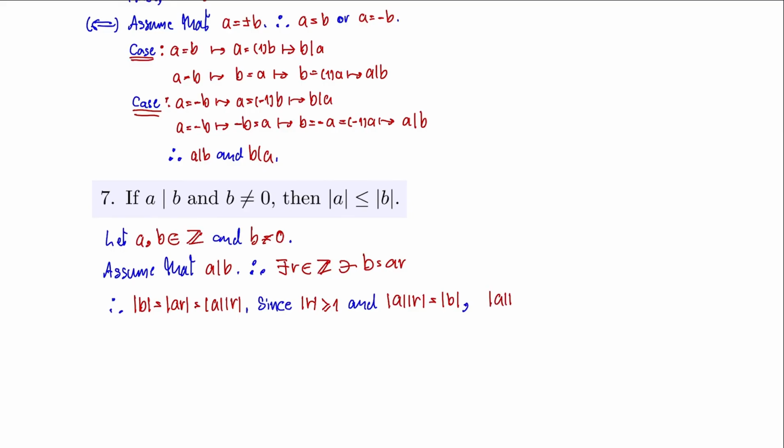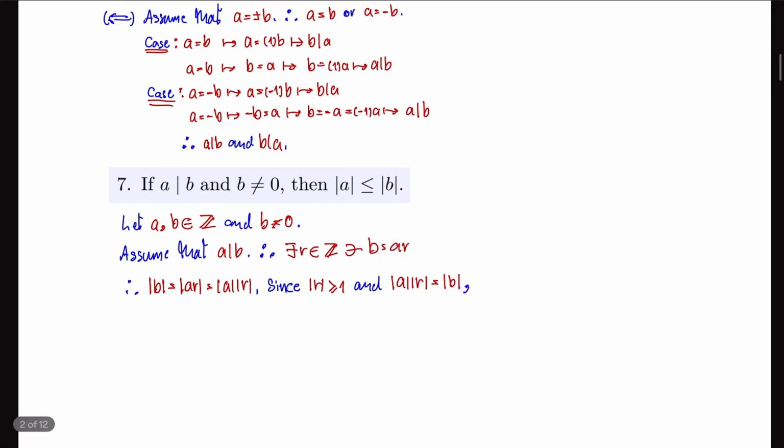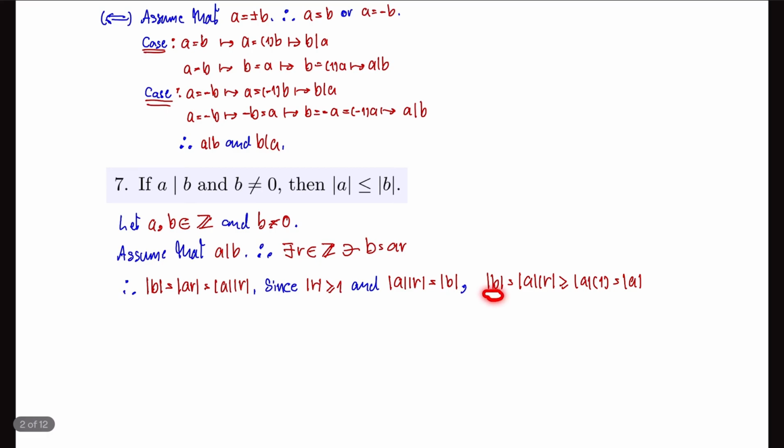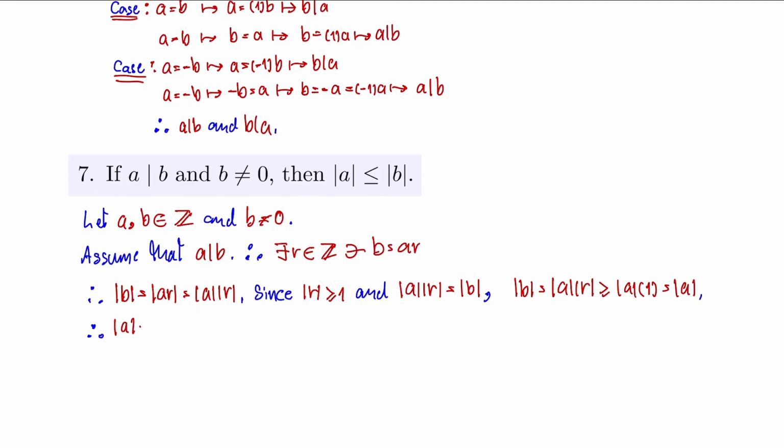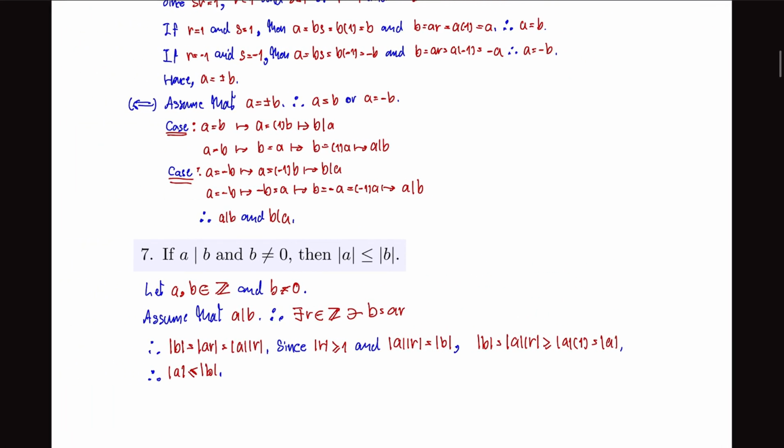Let me write absolute of B equal to absolute of A times absolute of R, greater than or equal to absolute of A times 1, which is absolute of A. As we can see, we gotta have absolute of B greater than or equal to absolute value of A. Okay, so we have absolute value of A less than or equal to absolute value of B. Okay, that's the 7th property.